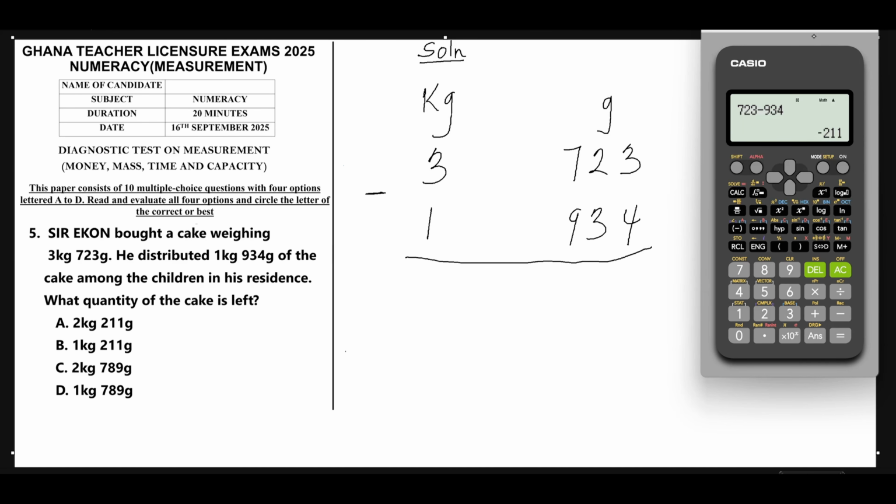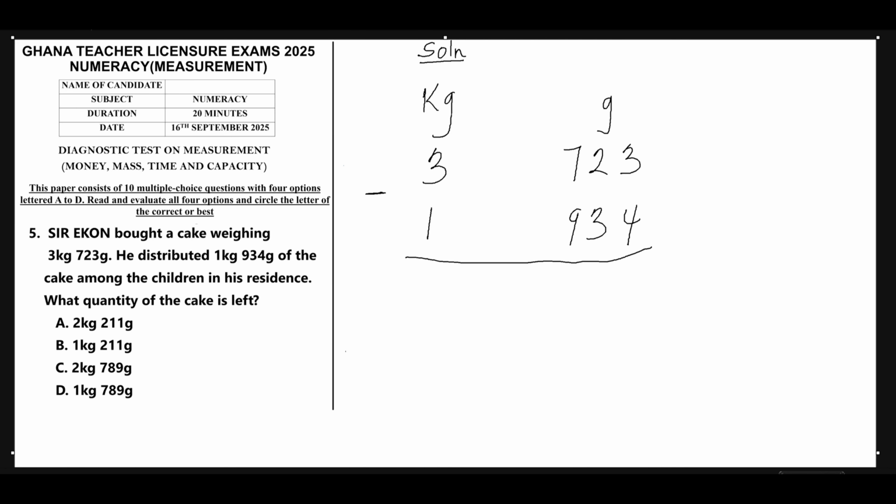What do we do? Let's say you have this subtraction to perform: 25 minus 9. We know that 5 minus 9 is negative 4.